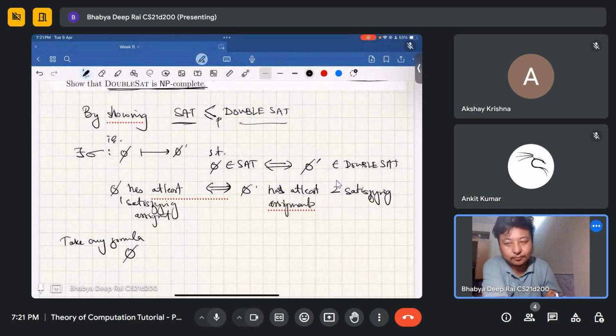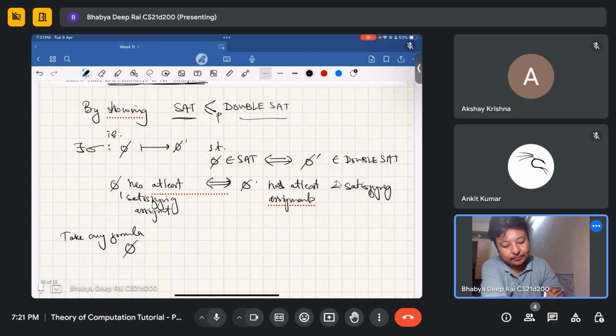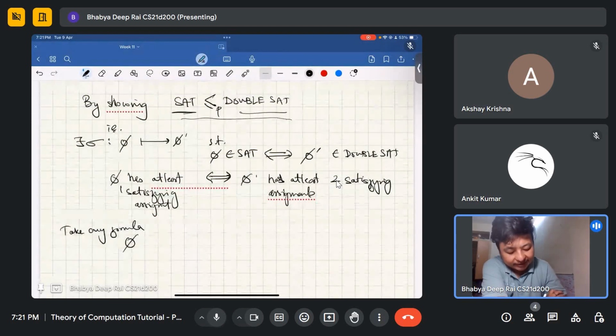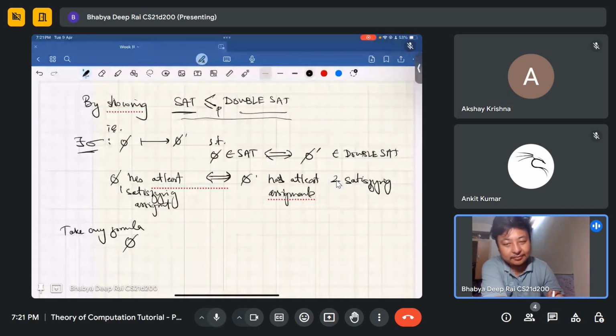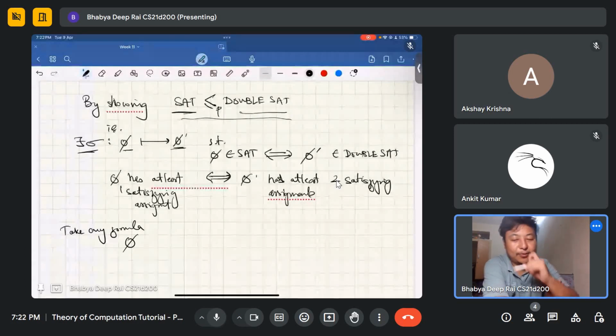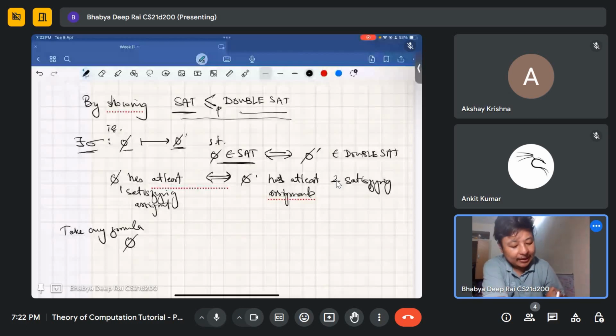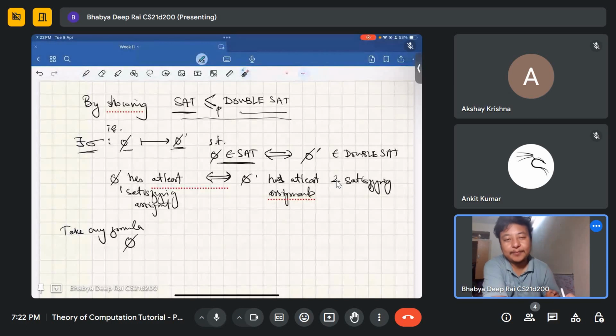Now, what does it mean that SAT reduces to double SAT? We want to show that there exists a reduction which maps phi to phi prime such that phi is in SAT, meaning phi has at least one satisfying assignment, if and only if phi prime has at least two satisfying assignments.